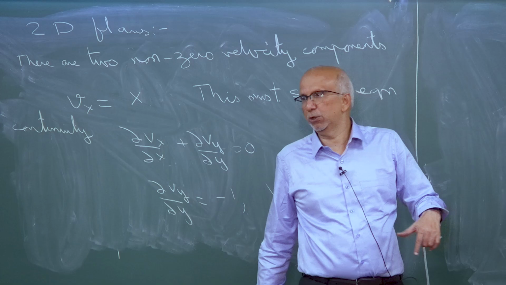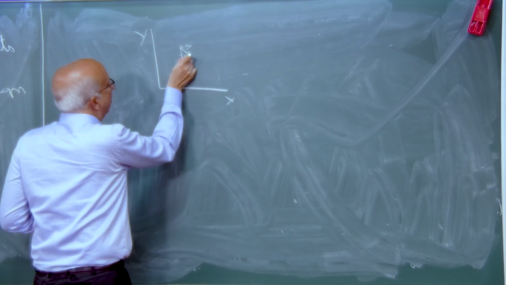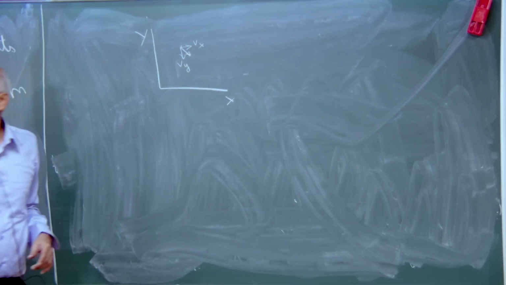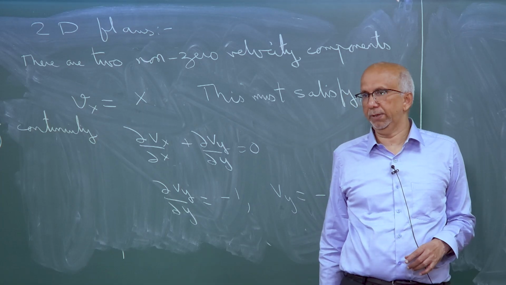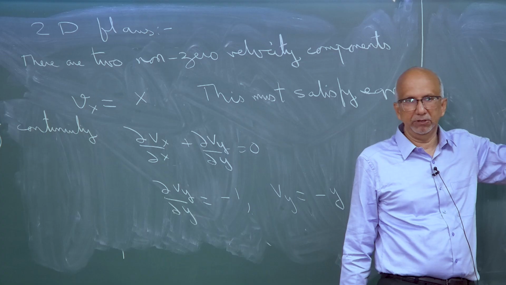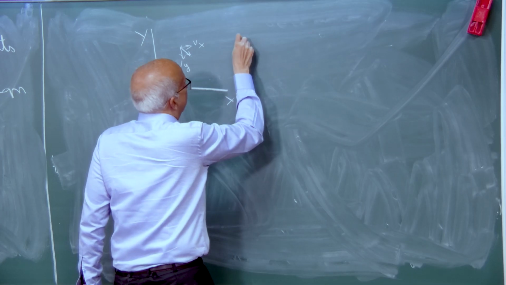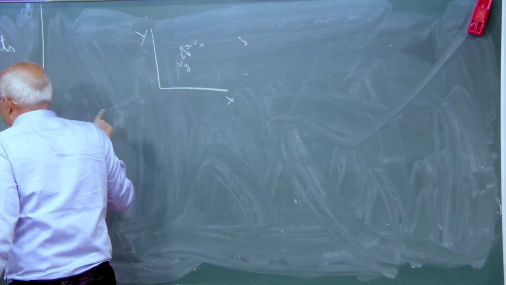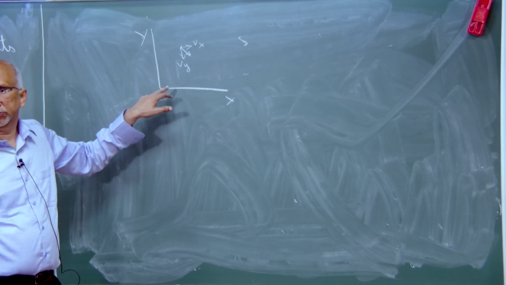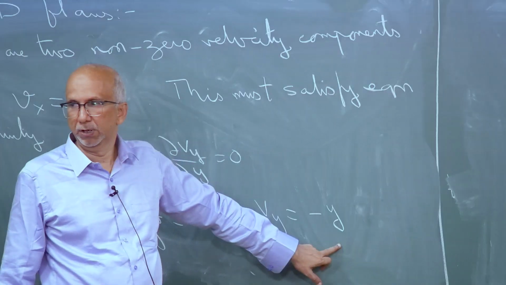So, what is the resultant going to be? The resultant is going to be at some angle. This is Vx, this is Vy. So, you can actually calculate the direction of the velocity arrows at all the points you have. At this point again positive, negative, something like this, and as we get closer to the x axis, y is 0.